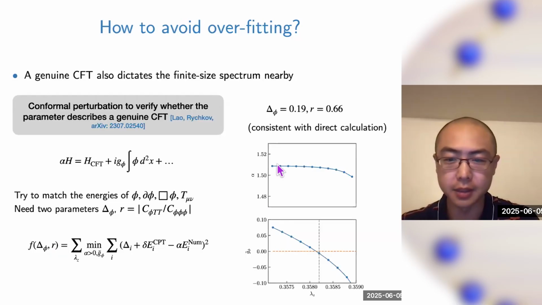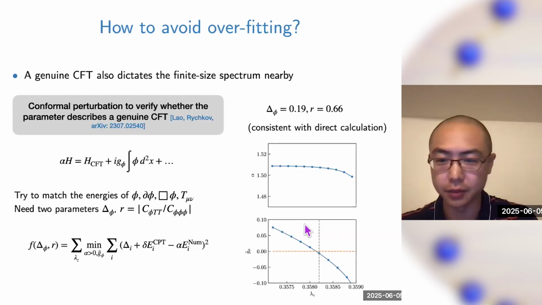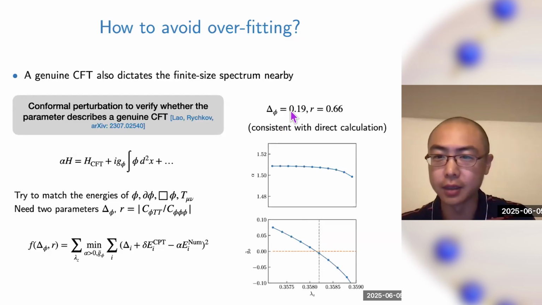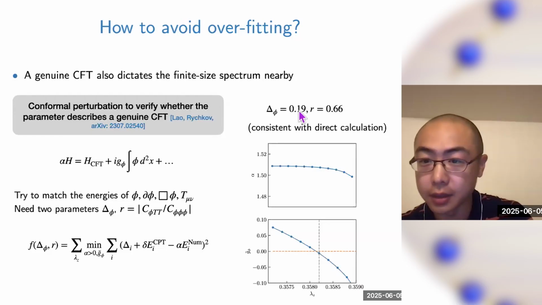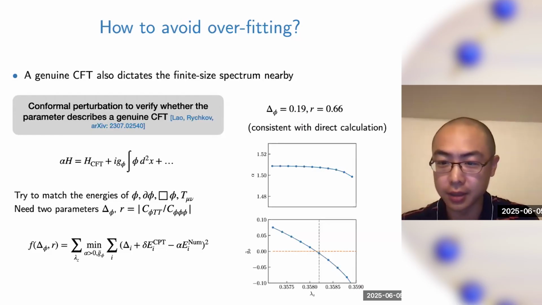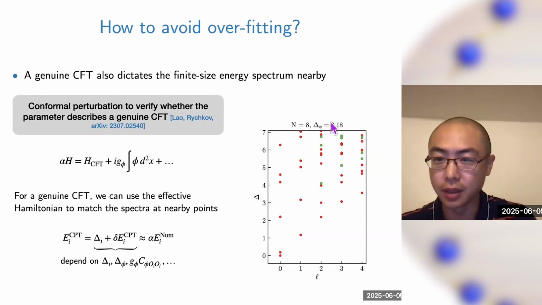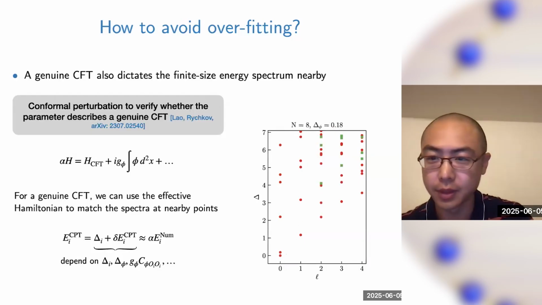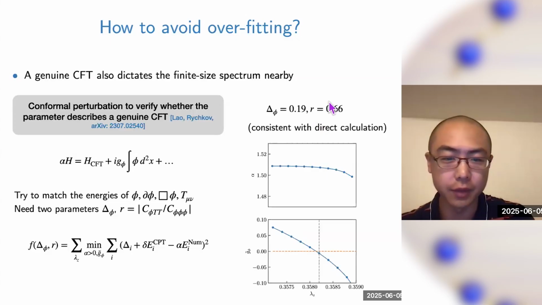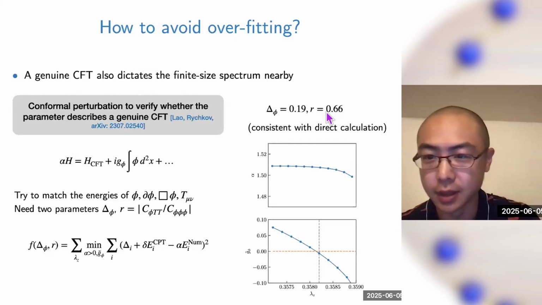And this is the result that we get. You can see that the optimal Delta_phi is 0.19. That is pretty close to what you can directly read out from the spectrum. And this ratio of the OPE coefficient is also consistent.